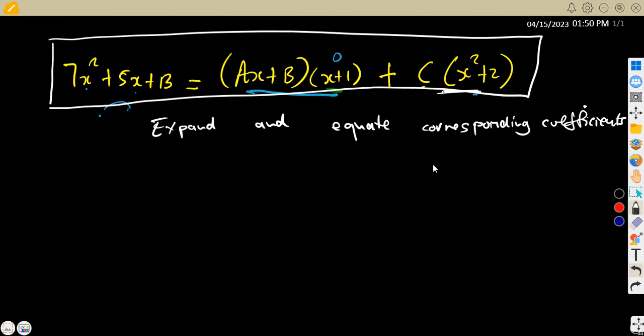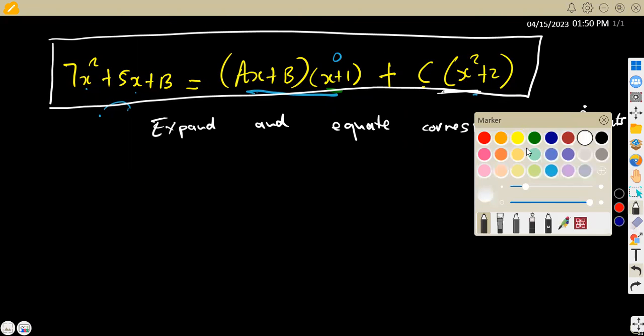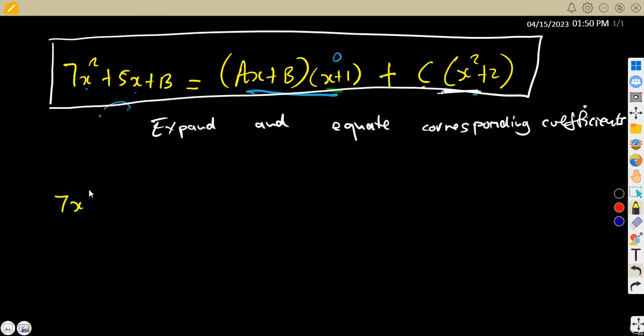So we expand, which means we remain with the left-hand side as it is, 7x squared plus 5x plus 13, is equal to, let's expand and see. ax is going to multiply x, it is going to multiply 1, and b is going to multiply x and b is going to multiply 1. Remember your ordinary expansion, guys.